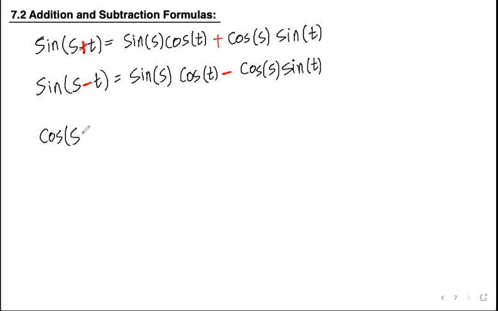Now for cosine. Cosine of s plus t is equal to cosine of s cosine of t minus, opposite, sine of s and sine of t.